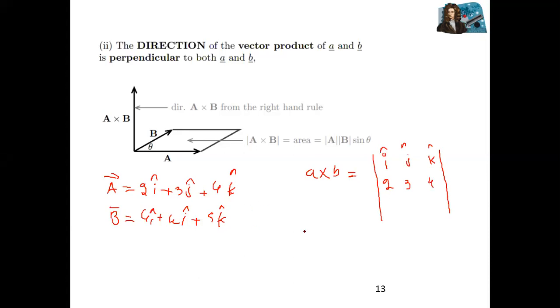What about the B vector? The x component is 4, y is also 4, and k is 5. So 2, 3, 4, 4, 4, 5. So how can you expand the determinant?